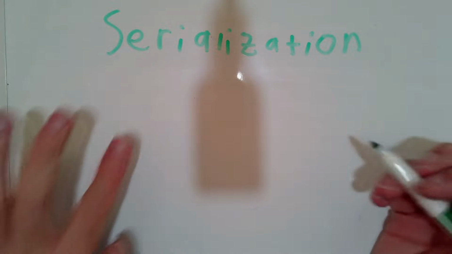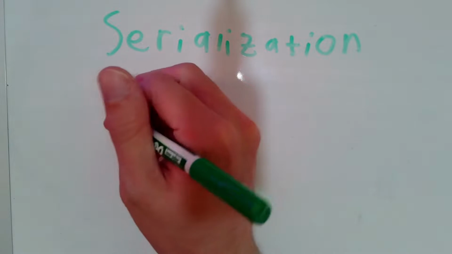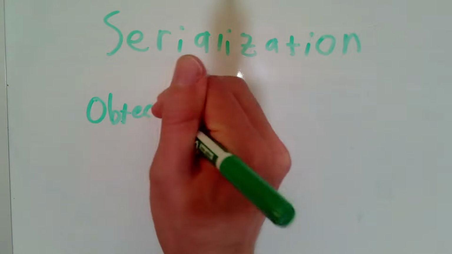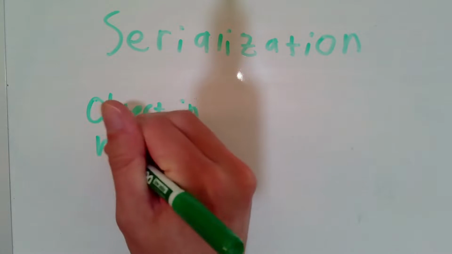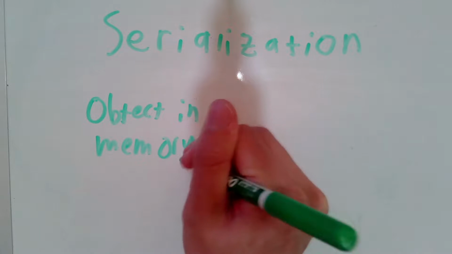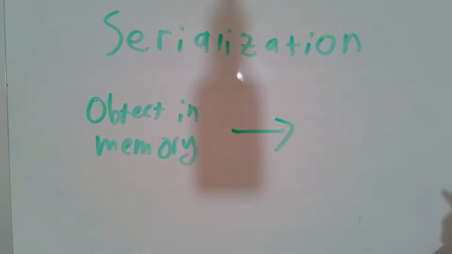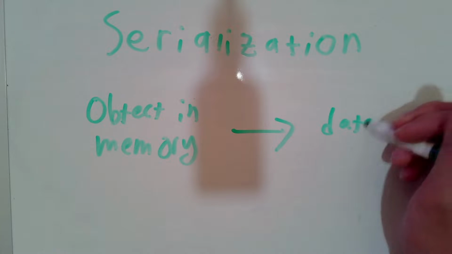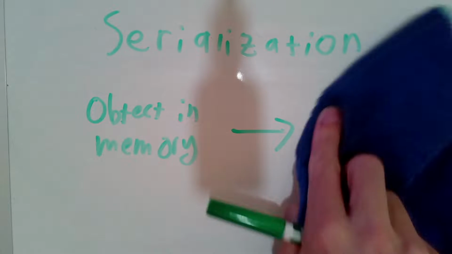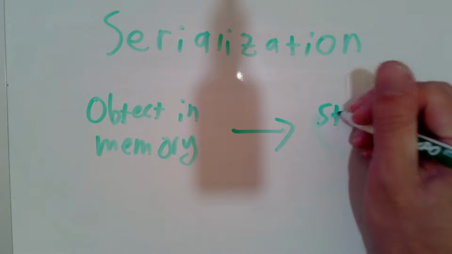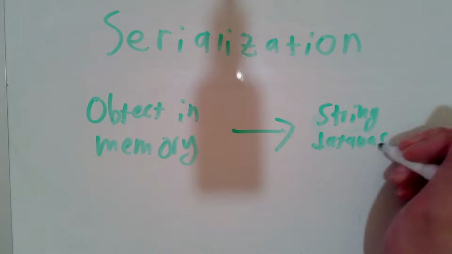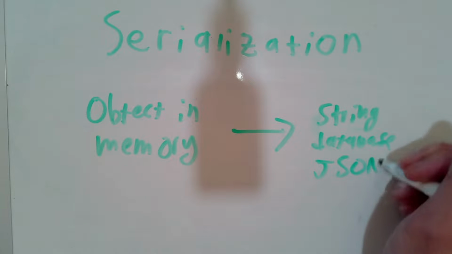So serialization is the process of going from our object in memory to data. More specifically, we usually serialize to a string or a database, maybe JSON.